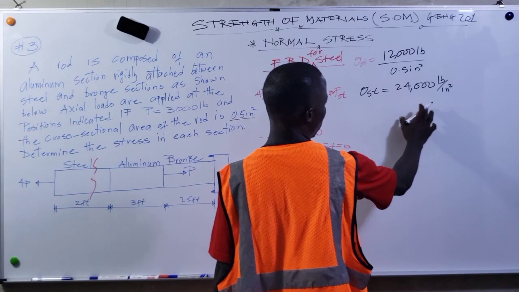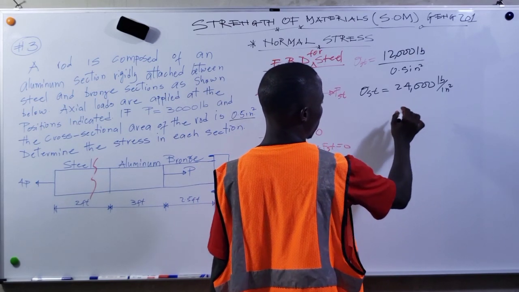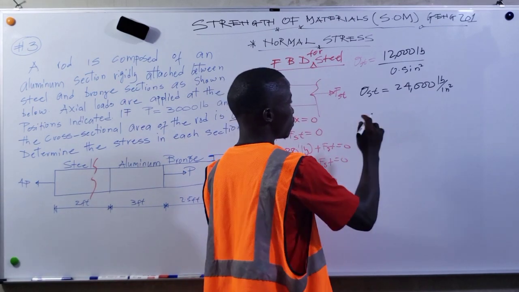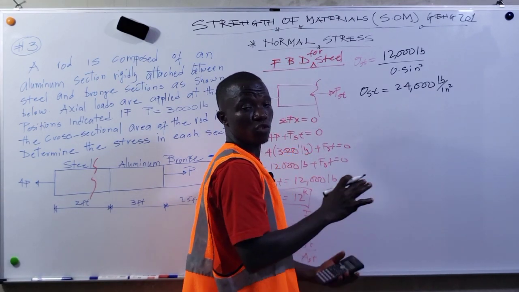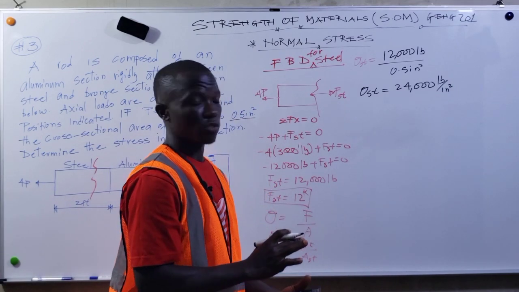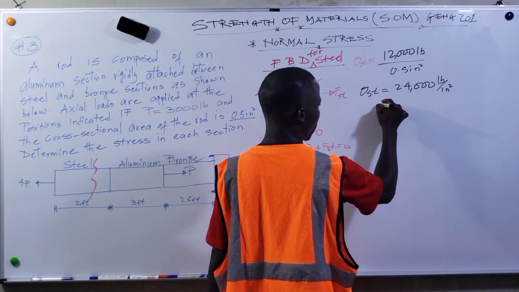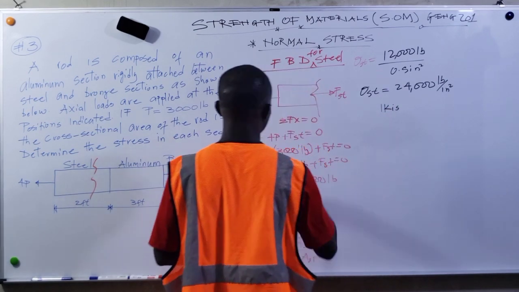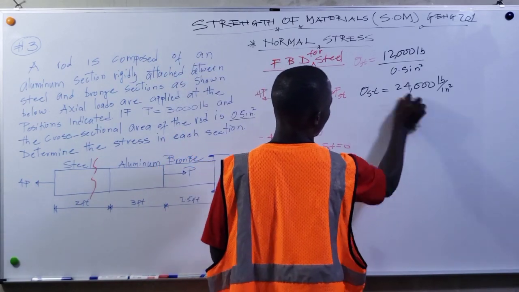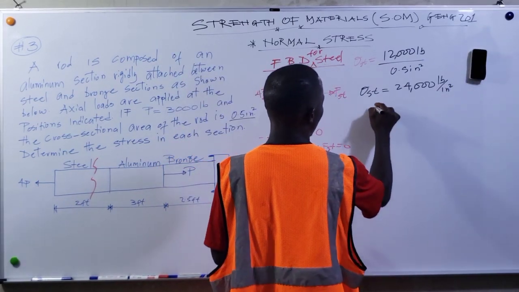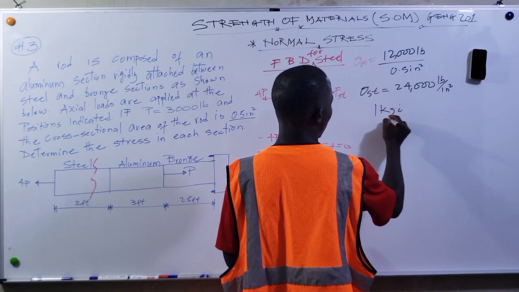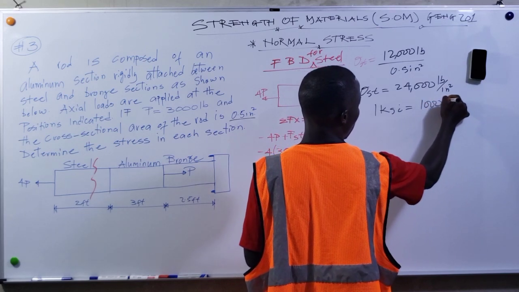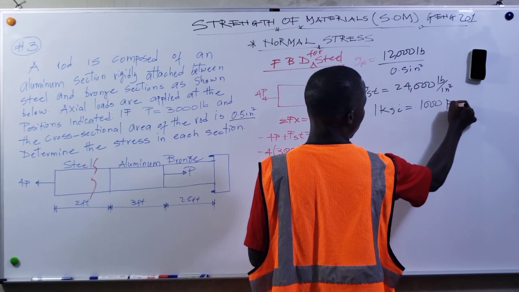But we have to convert this to kilopounds per square inch, in order to make the answer short. We know that 1 KSI, 1 kilopound per square inch, is equal to 1,000 pounds per square inch, which is PSI.